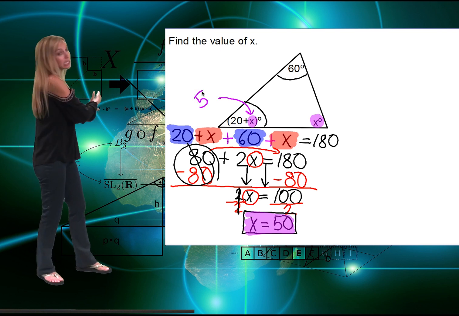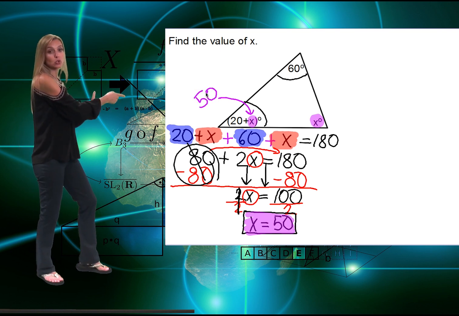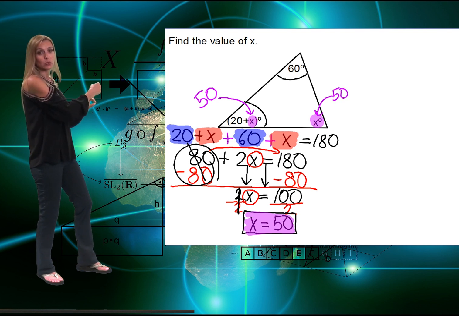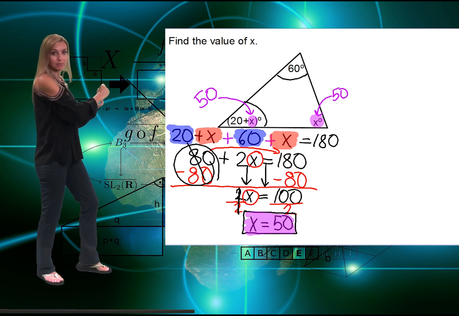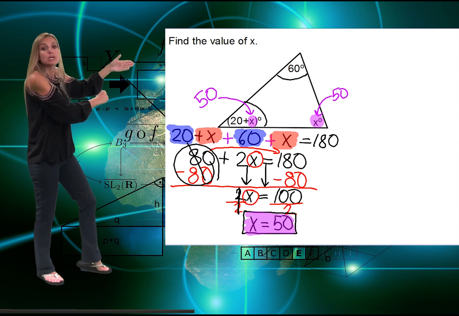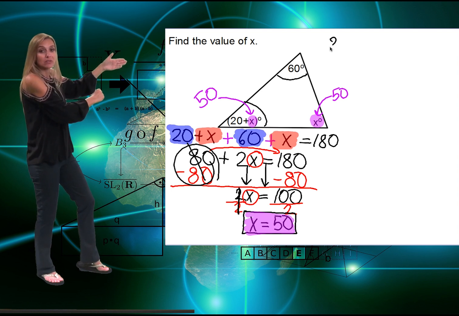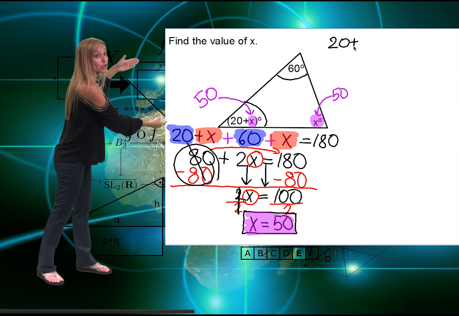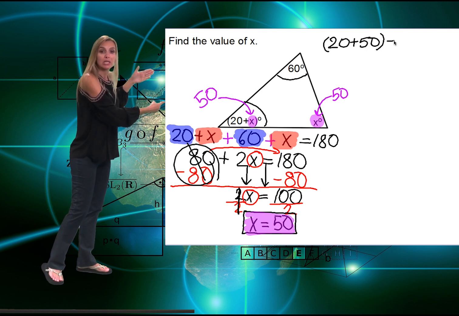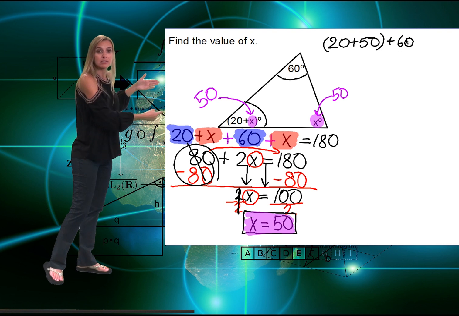This angle in here says 20 plus X, or 20 plus 50. What is that equal to? 70. So we have 20 plus 50 plus the angle that is on top, my 60 degrees, plus the third angle, which is 50. That is supposed to give me 180 degrees.